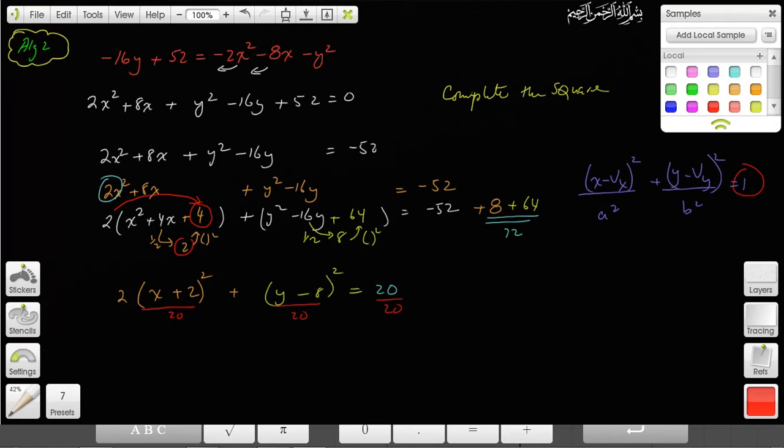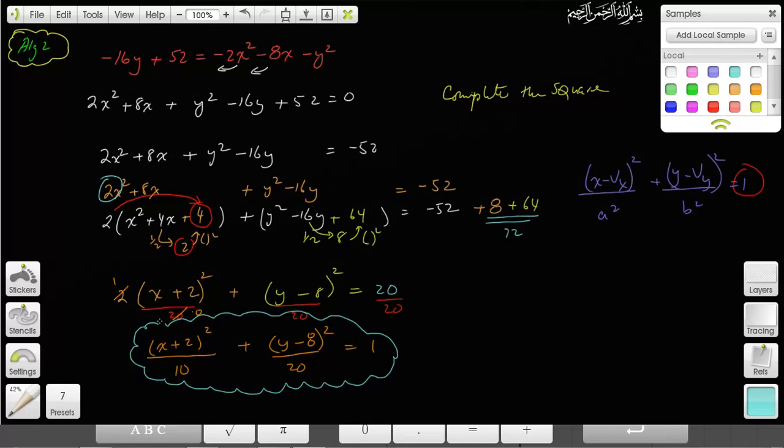And when you do that, you have x plus 2 squared over, 2 goes in there 1 time, 2 goes in 20 there 10 times, over 10, plus y minus 8 squared over 20 equals 1. And there is our equation for our ellipse.